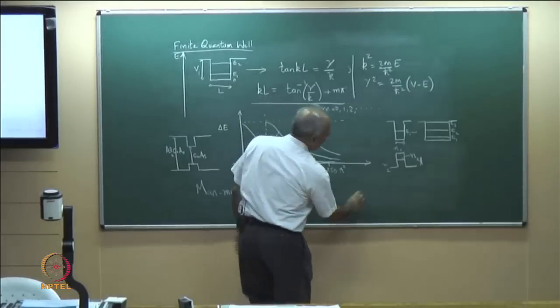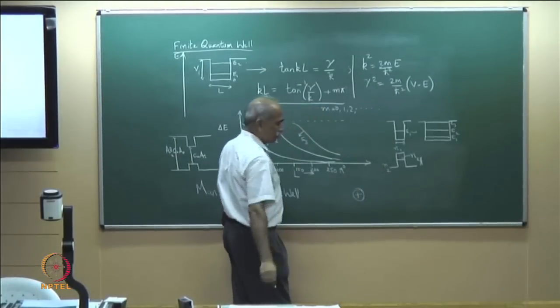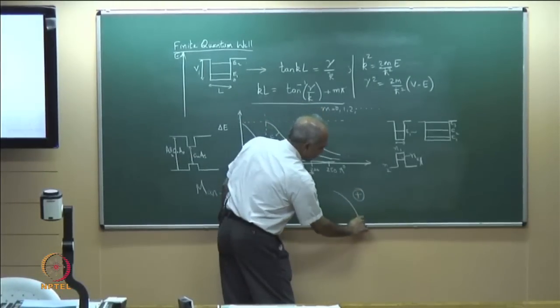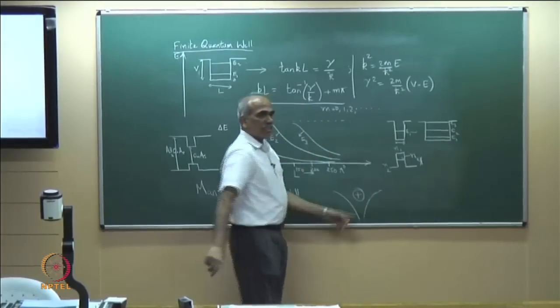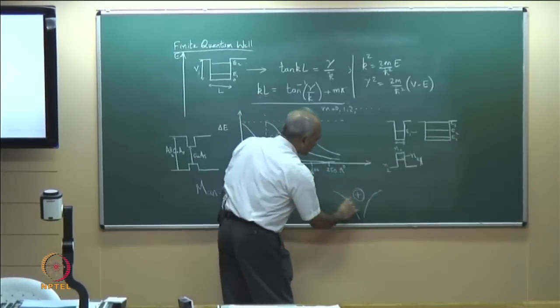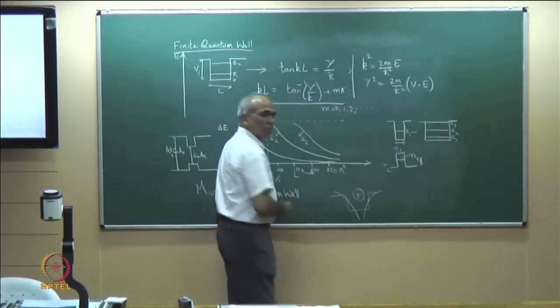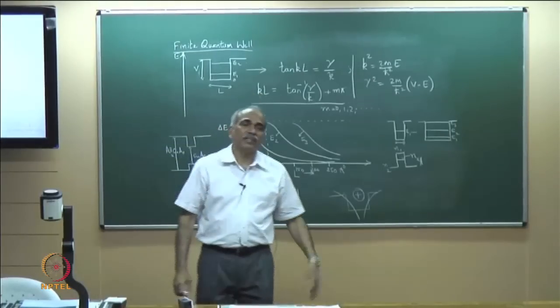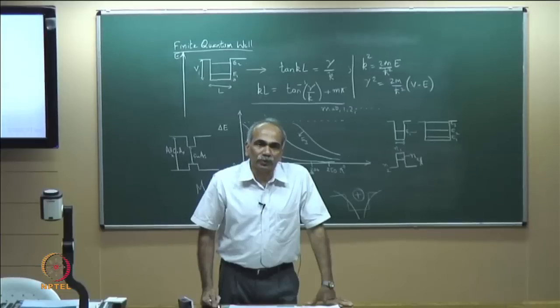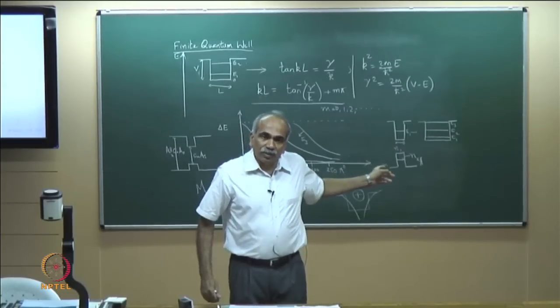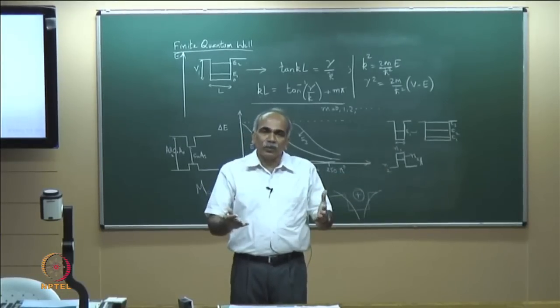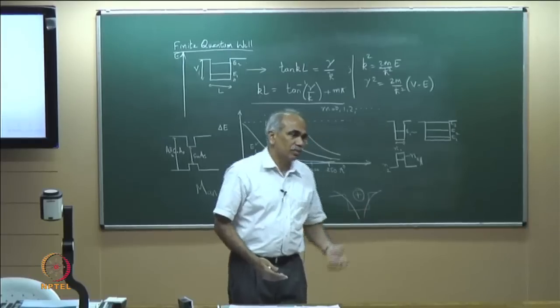If you have a positively charged atom here, then as we have discussed in our first class, the potential energy varies like this, and we approximate this by a box to calculate the energy eigenvalues. It was a simplification, so that you have analytical solutions.